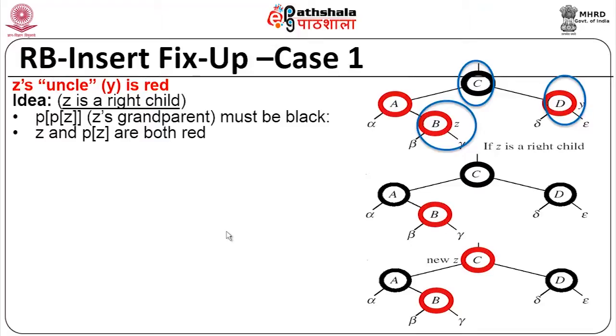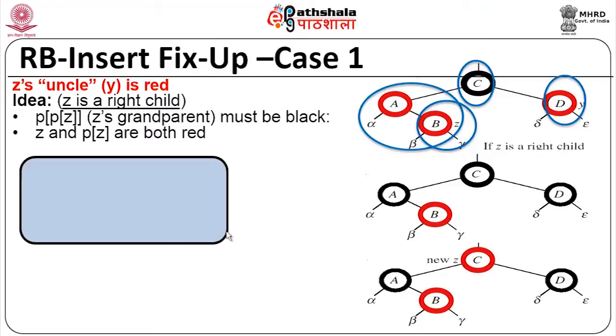So, case 1 says that you have a node Z which you have inserted and you have colored it red. Now, Z's uncle Y should be red, yes. The grandparent of Z should be black, yes. Z and parent of Z should be red, yes, both are red.